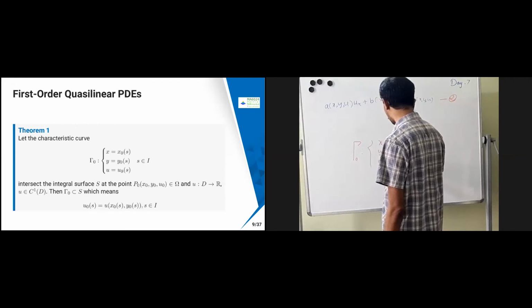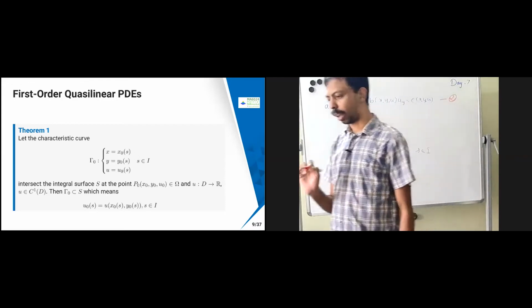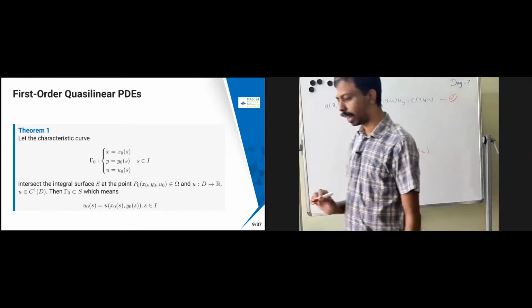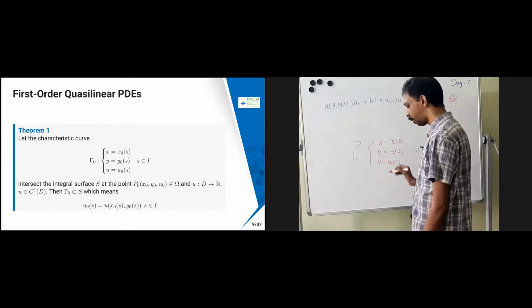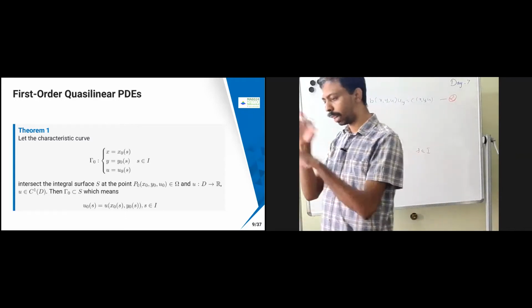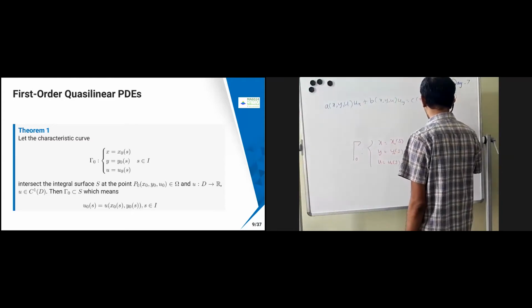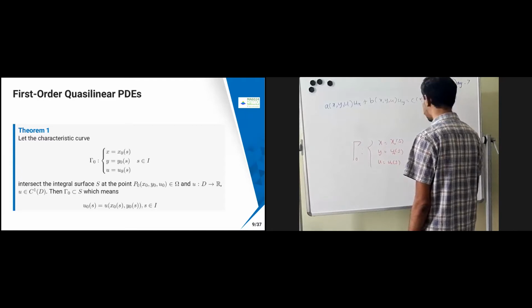Gamma naught is x equal to x naught of s, y equal to y naught of s, and u equal to u naught of s. I'm taking a characteristic curve that intersects the integral surface, which is the solution of the quasi-linear PDE, at a point P of x naught, y naught, u naught.